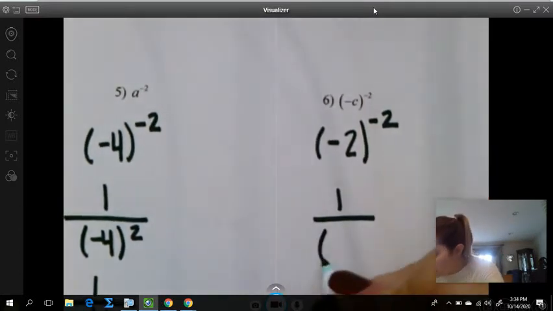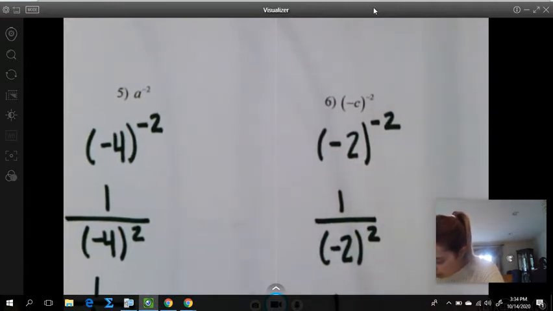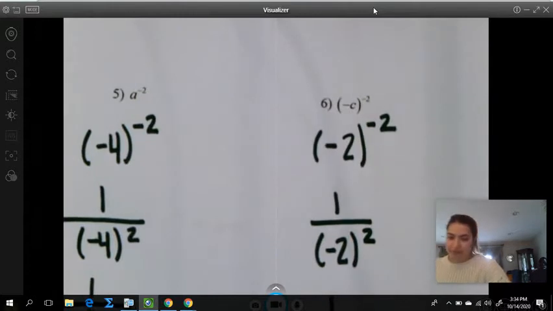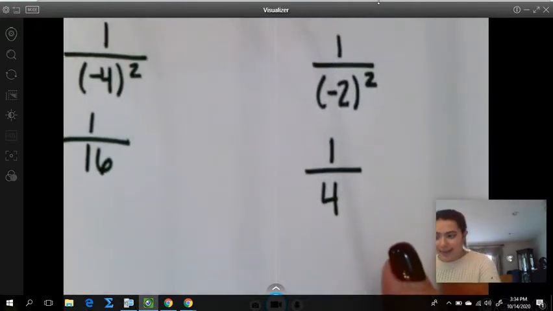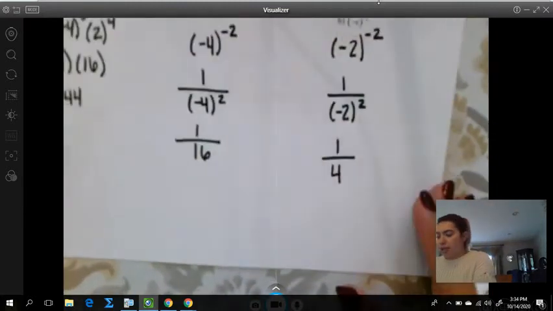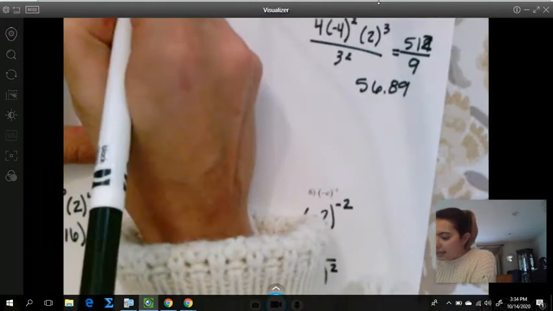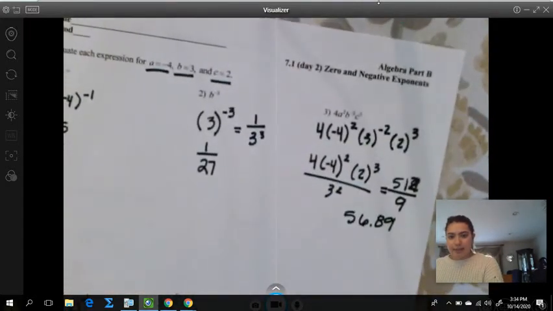So that's 1 over -2 squared, which then just becomes 1 over positive 4. That is how we would evaluate an expression when we are given the A, B, and C values right up there on top.